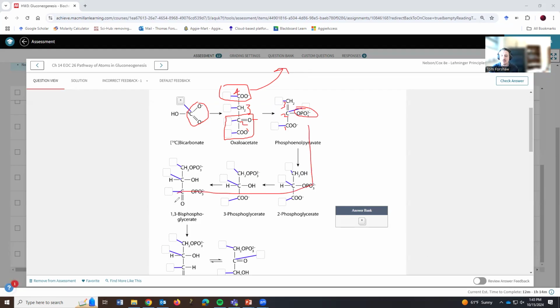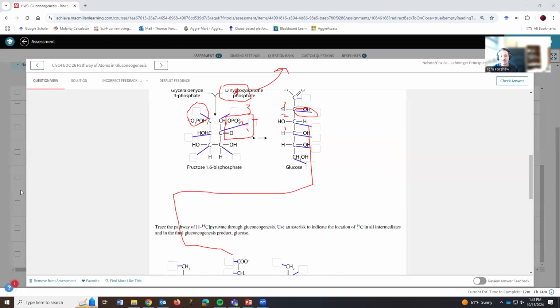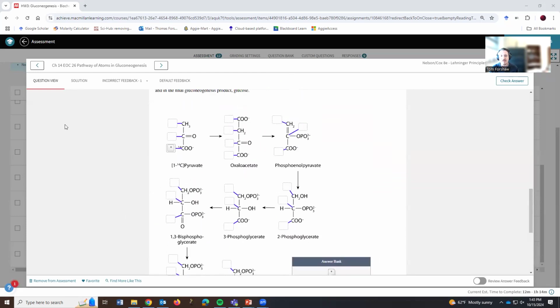And then you can follow that through to the end to say where the asterisk is, if it is there at all. Follow that through to the end. Similarly, with pyruvate, if you were to start with carbon 1, 2, 3, now, because this is the keto acid, it's down here.